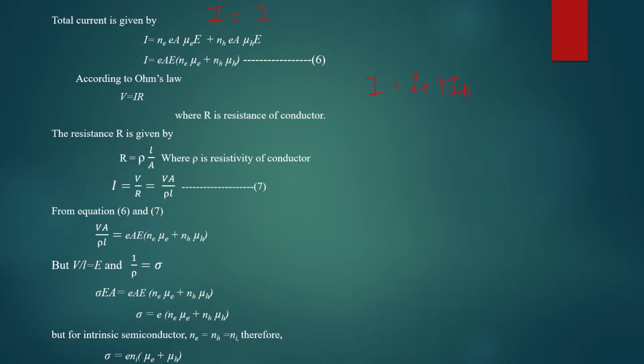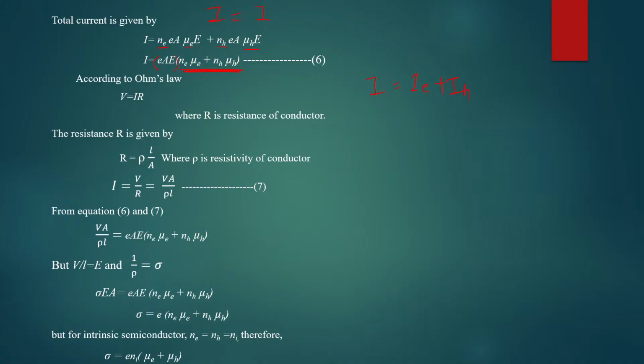So we just add both the things. Here you see that whenever we add both the terms, then e, A and capital E are common terms. So we take them as common, and whatever the remaining terms, NE mu E, NH mu H, we write in the bracket.